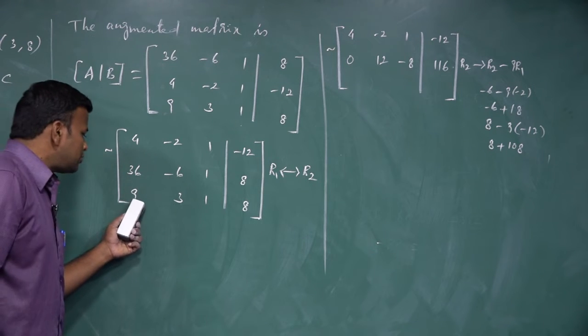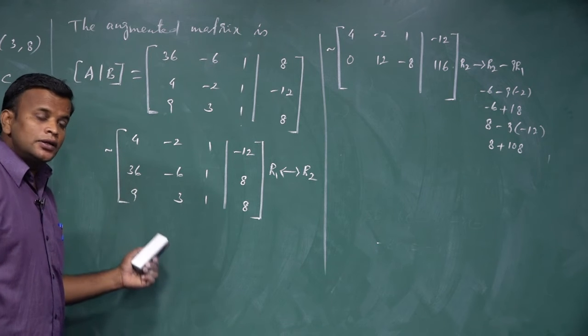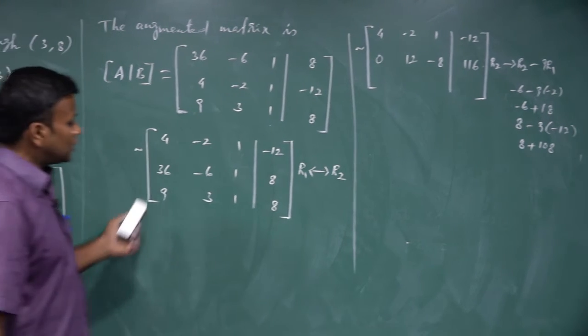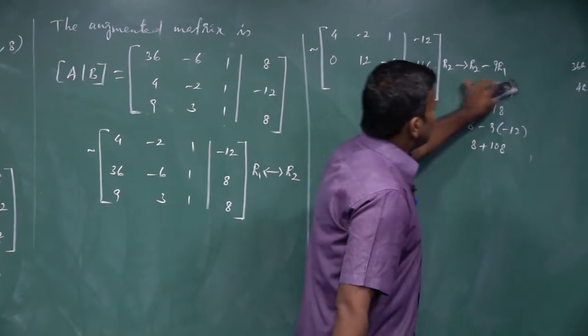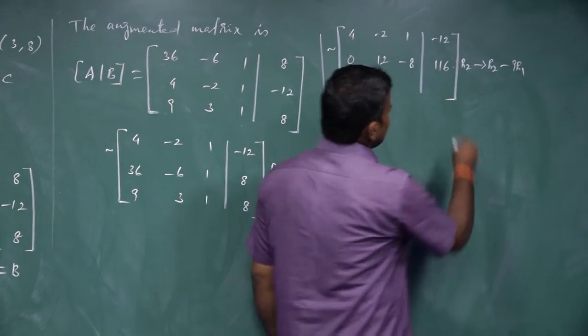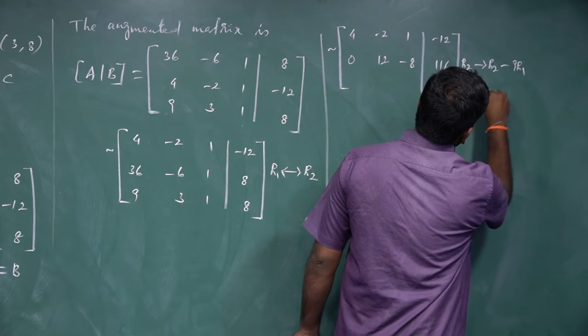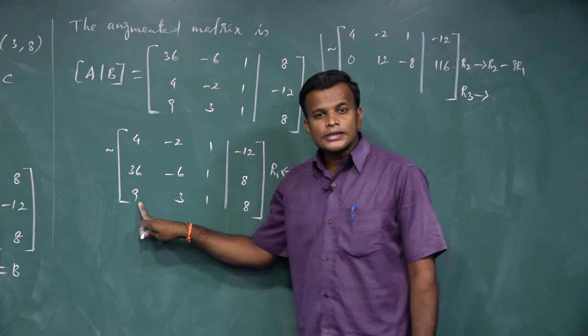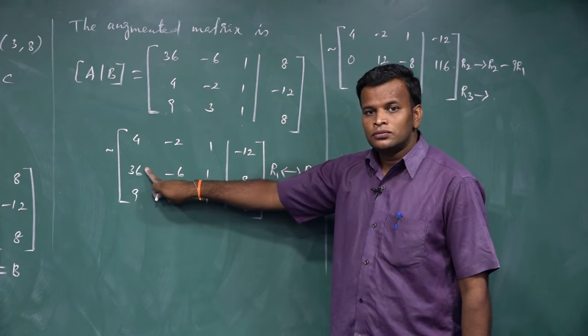So to convert this element to 0, I consider the third row and the second row. Now the second row is fully done. Now we come to R3. Our motive is to convert that element to 0. I consider R3 and R2.